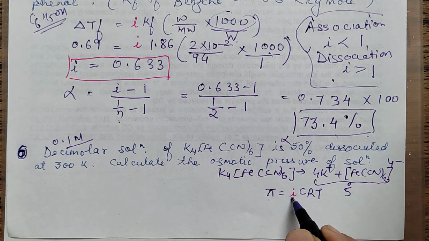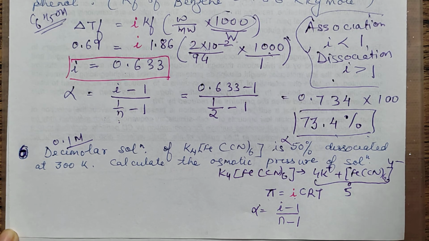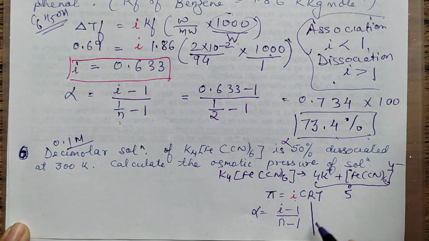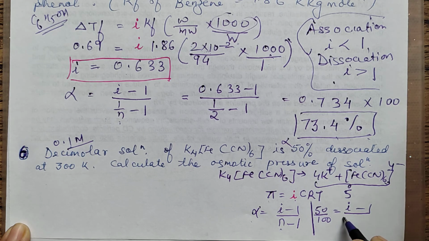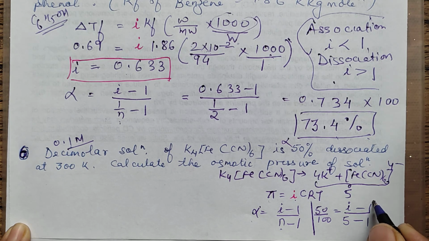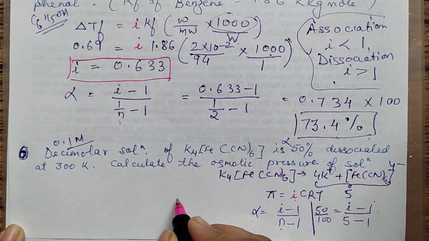Now let us move ahead. When we are calculating this pi value, we first need to know what i is. So we will solve for i. Alpha is equal to (i minus 1) by (n minus 1). What is alpha here? In this question it is given 50% dissociated, meaning 50 by 100. And what is i? We don't know. And how many particles were there? 5 particles. So 5 minus 1. That means we will first solve for i.